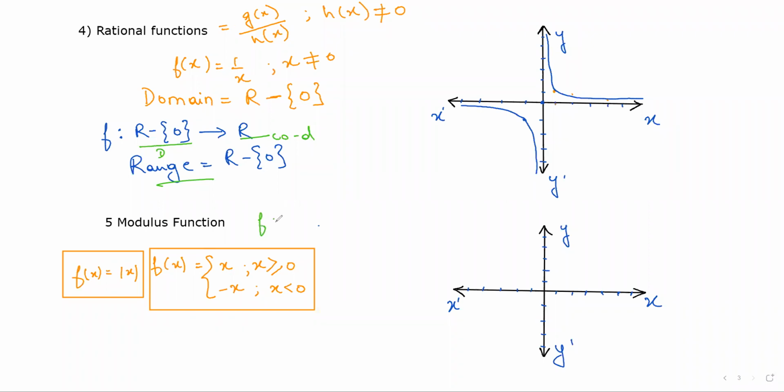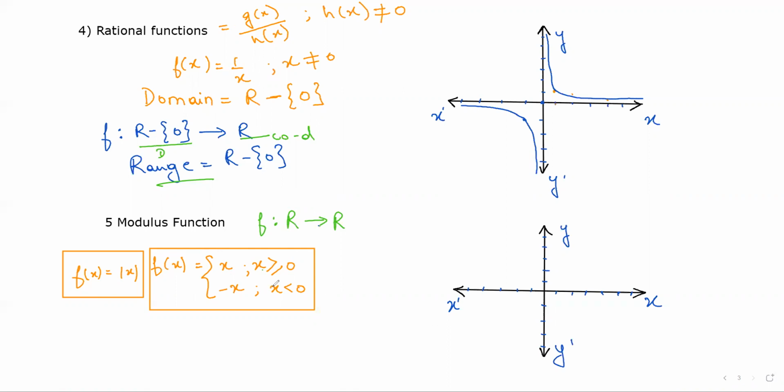Here also, in this particular function, we'll consider your domain as the real numbers and your codomain as the real numbers as well, defined by f of x equals mod x. An elaborate form: for x greater than or equal to 0, meaning for all the values which are positive and 0, your f of x is x.